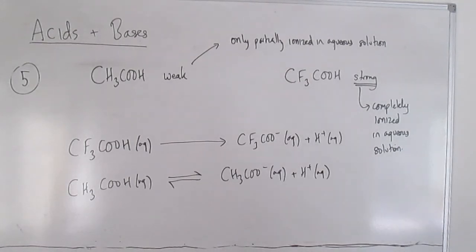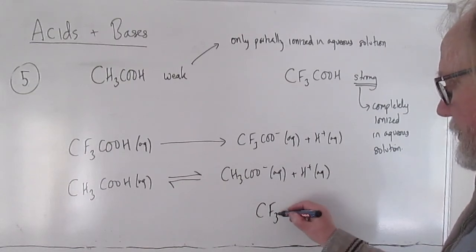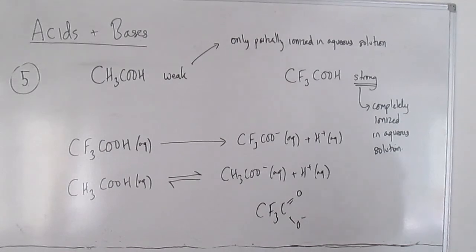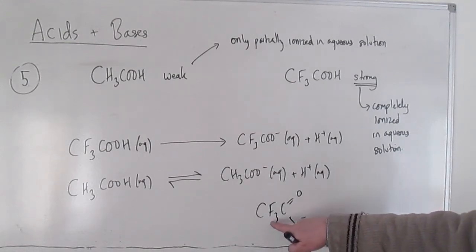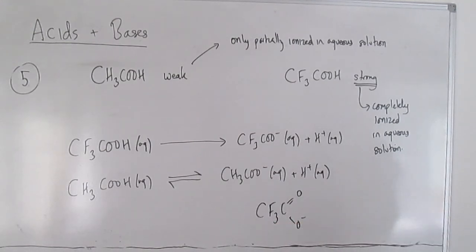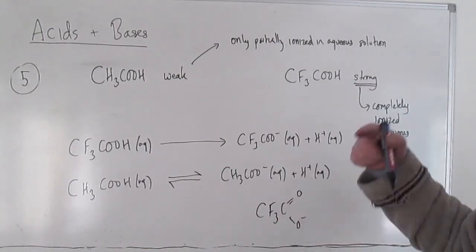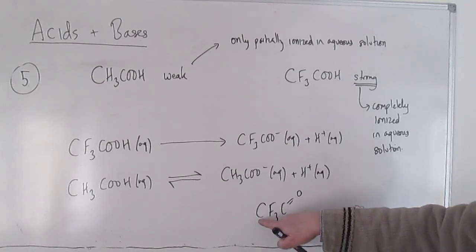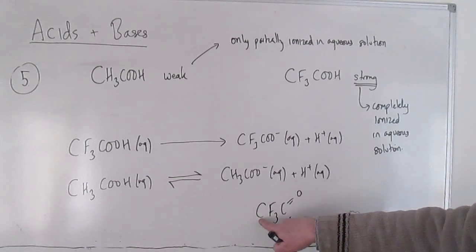So if we compare those two, in CF3COO- you have a negative charge obviously, but the size of that negative charge, or the extent to which it's localized on the oxygens, is decreased because you have these three very electronegative fluorines. Remember, fluorine is very good at attracting electrons in a covalent bond, so all three of them will pull electrons away from that carbon that they're attached to.